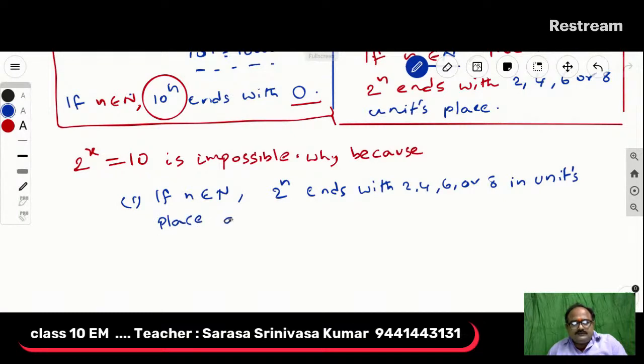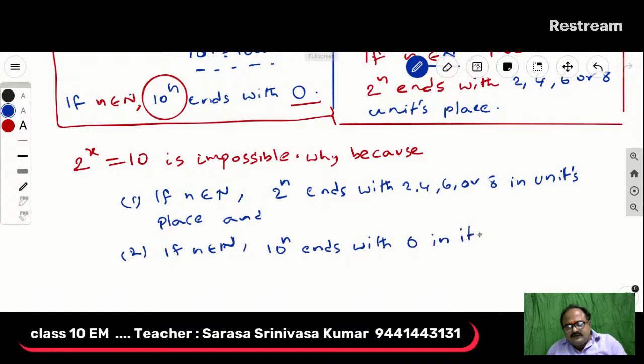And number 2, if small n is a natural number, then 10 to the power of n ends with 0 in its units place. Actually, in this problem, we need not write 10 to the power of n.